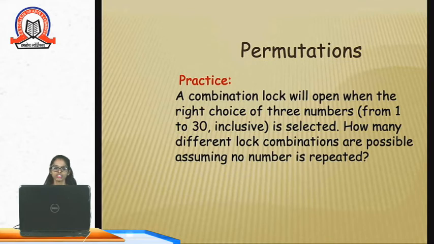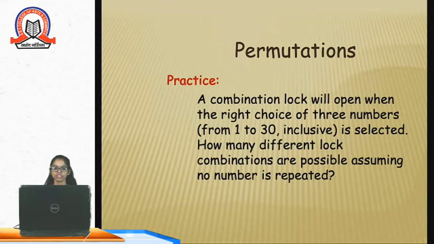Now one practice question. Suppose a combination lock will open when the right choice of 3 numbers from 1 to 30 is selected. It means my n value is 30, total numbers are 30, and we choose only 3 numbers out of 30, so my r value is 3. Then how many different lock combinations are possible, assuming no number is repeated? What is the answer for this question?